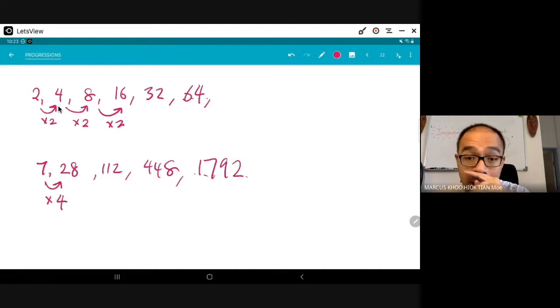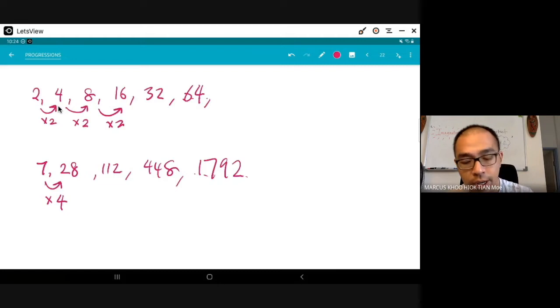It can be multiplied by any number, multiplied by 4, multiplied by 5, multiplied by 10,000 if you want. But the point is, this is still a progression where the number is getting bigger and bigger, but it is getting bigger because the pattern is not plus minus. The pattern is times, or divide.